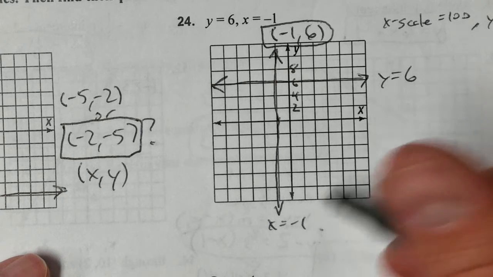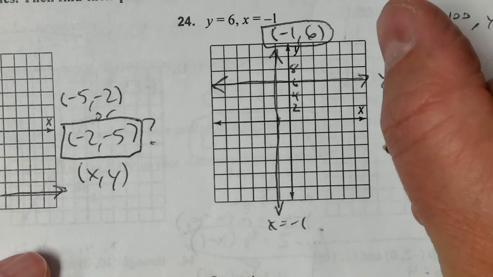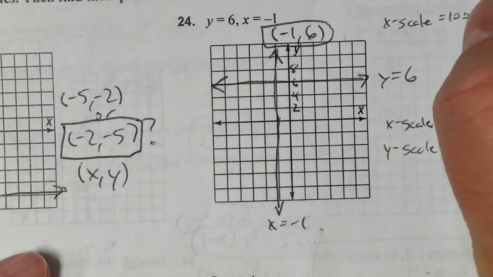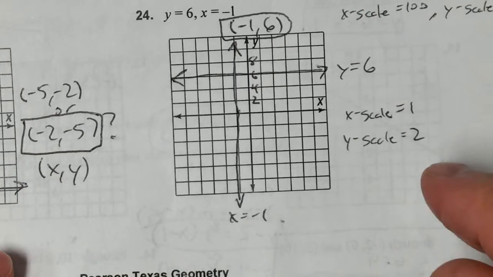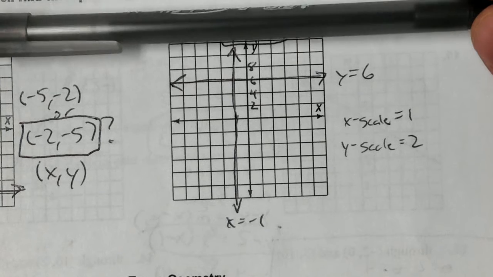So in this particular graph, what I did is I did my x scale to be 1, but I did my y scale to be 2. You don't have to write that part, but that's what I did. If you counted by 1s, it'd be basically at the top.